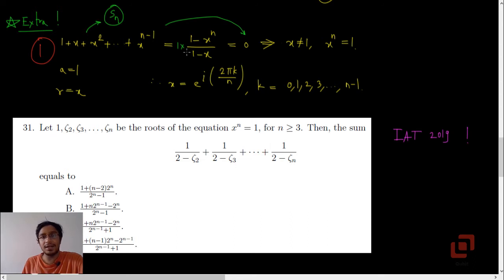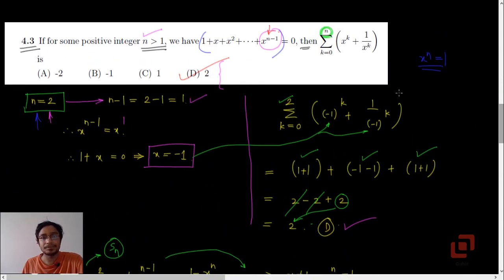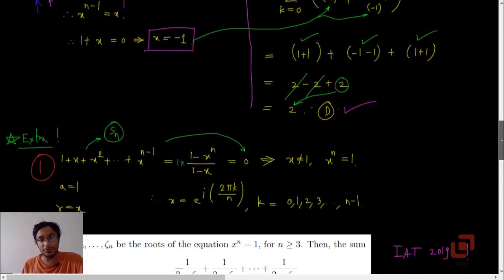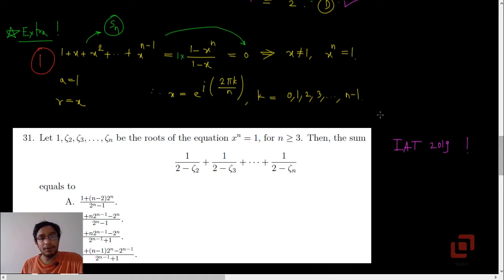Now if it is equal to 0, then we can say that the roots of this equation that is there in the problem, 1 plus x plus x squared and so on till x to the power n minus 1 equal to 0, will have the same roots as that of the equation x raised to n equal to 1.